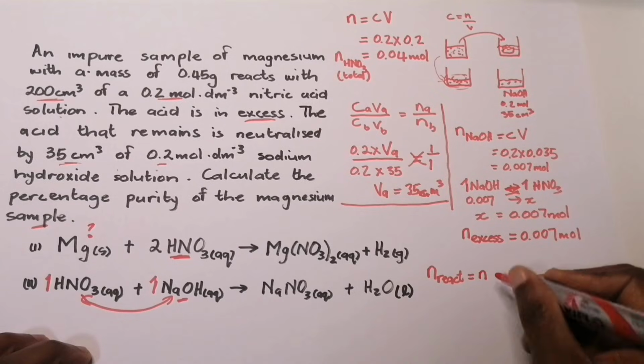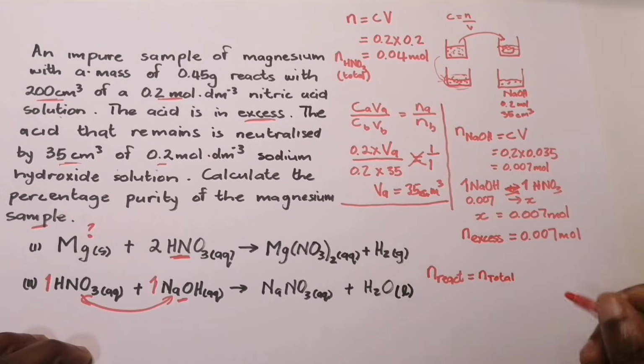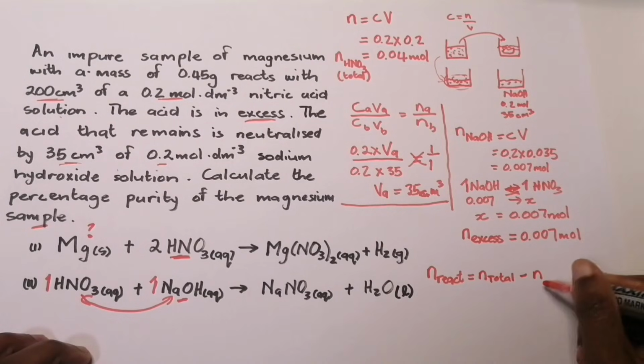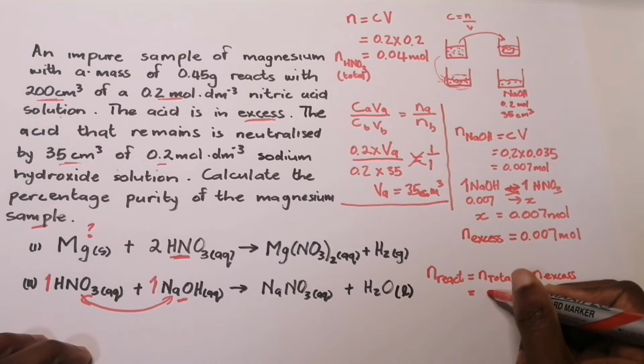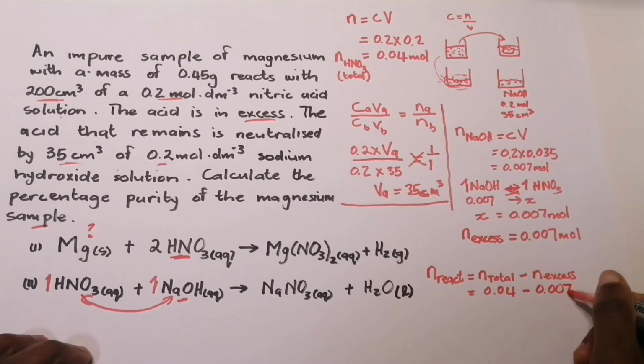So the number of moles that reacted will be the total amount of moles of nitric acid minus the amount of moles that were in excess. In this case, I've got a total of 0.04, and in excess I had 0.007.